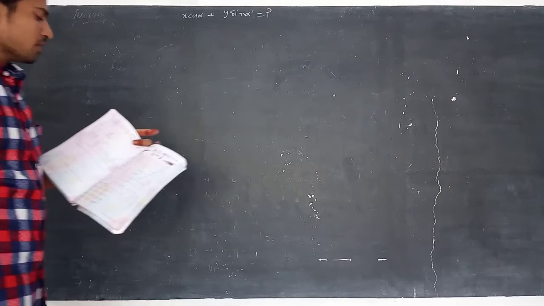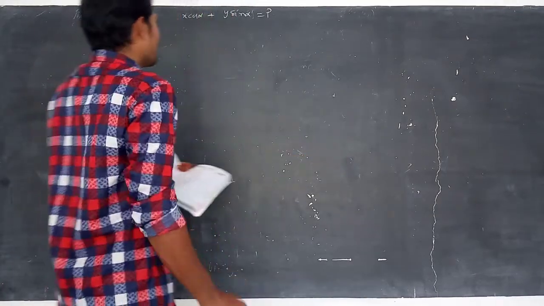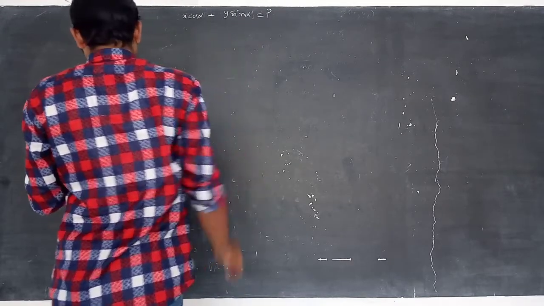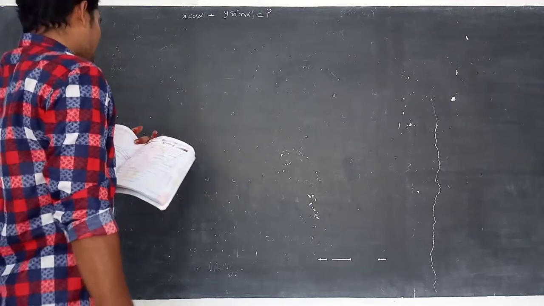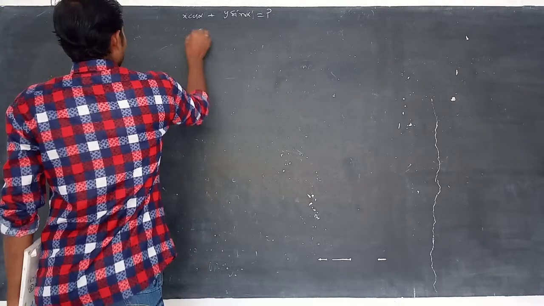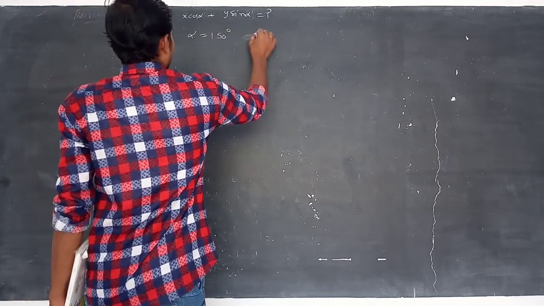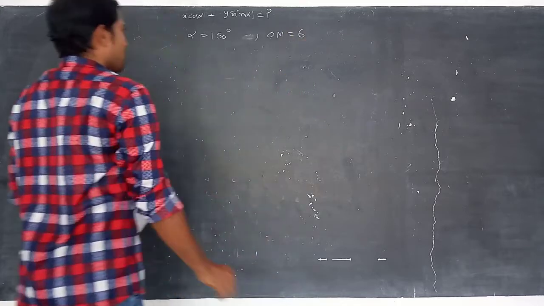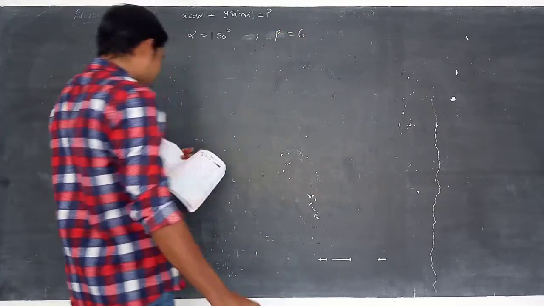The distance from the origin is 6 units, and the angle made by the normal is 150 degrees. So alpha equals 150 degrees, and OM equals 6, that is, p is equal to 6.